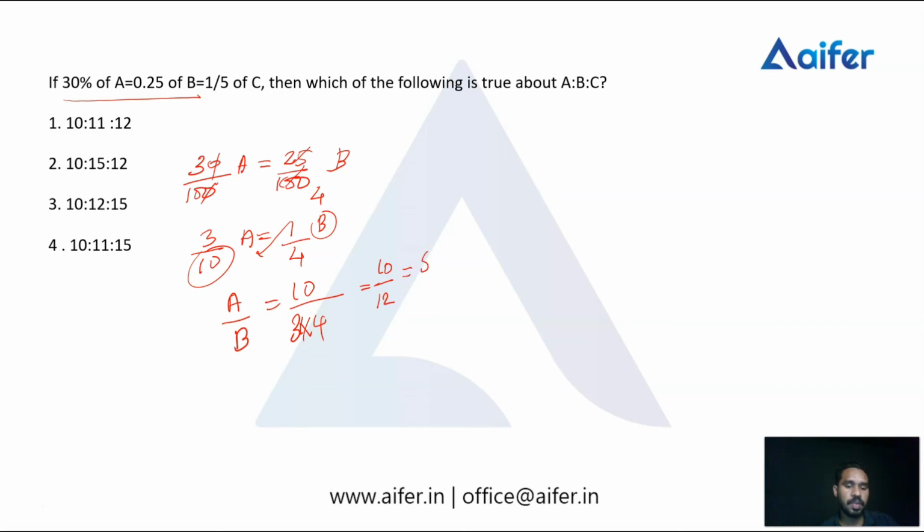By simplifying we get 5 by 6. A by B is equal to 5 by 6, that is A is to B is equal to 5 is to 6.